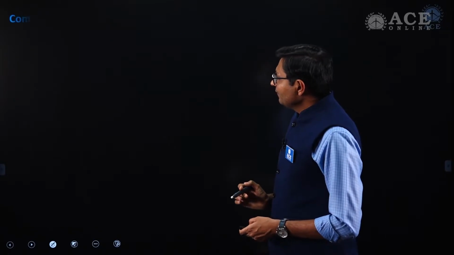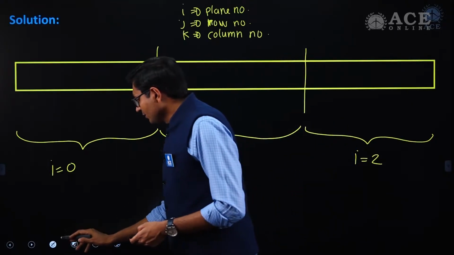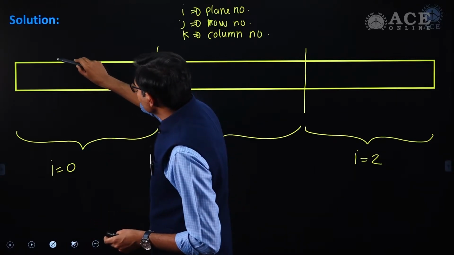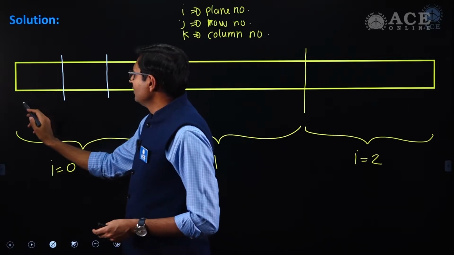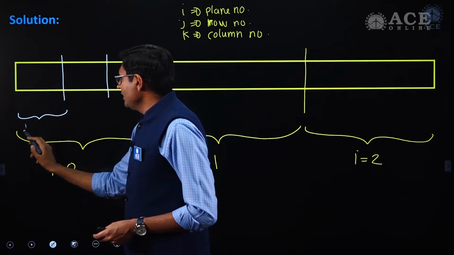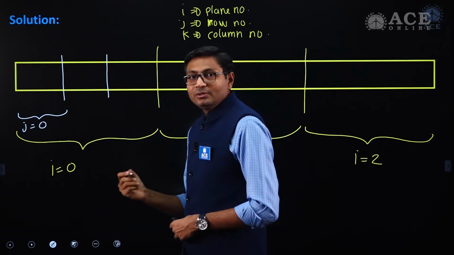So if I again bifurcate this memory into 3 rows, let me just bifurcate into 3 rows now. This is row number 1, 2 and 3. I mean here it is j is equal to 0, row number 0 in the plane number 0.